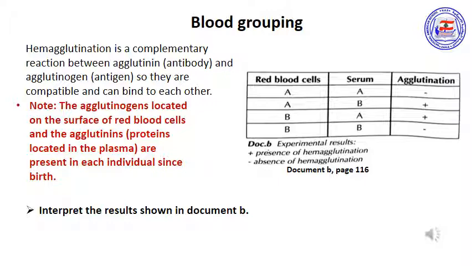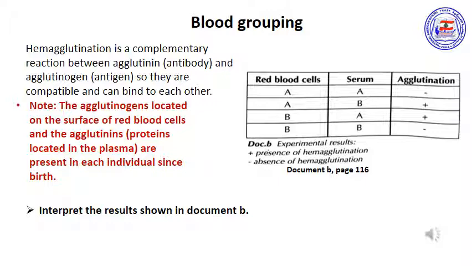I want you to pause the video for a while and try to interpret the results shown in this document. So what did we do here? They mixed red blood cells of an individual with the serum of another individual, and these two individuals are sometimes of the same blood group or of different blood groups.